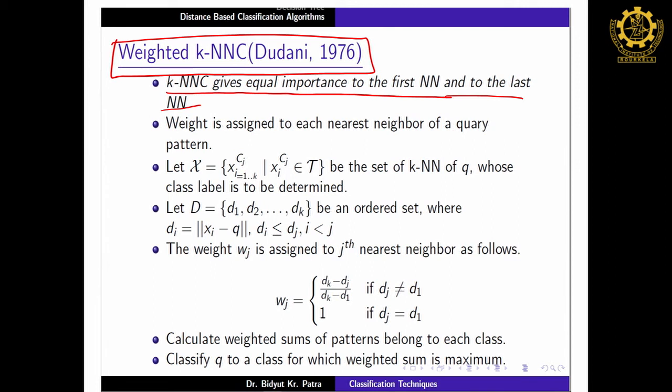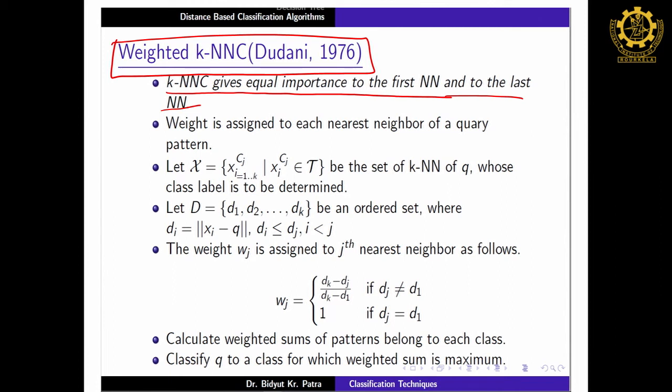You say all are your close friends, but you are not giving equal importance to all of them. Similarly, here the object has k nearest neighbors, but you should give more importance to the objects close to the unseen object, and within the k nearest neighbors, the objects that are far away, though they are neighbors, get less importance. That is the basic idea of the weighted k-NNC.